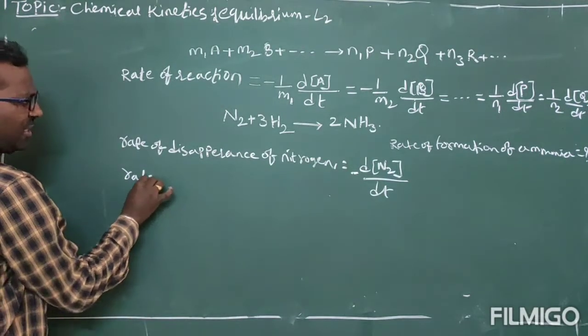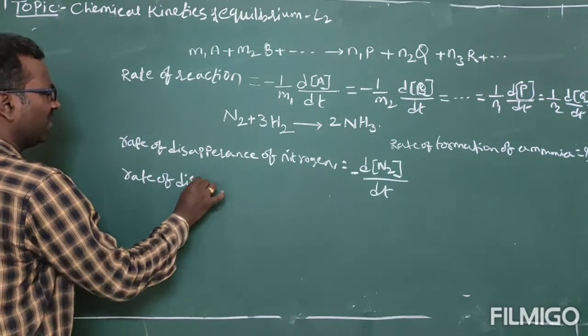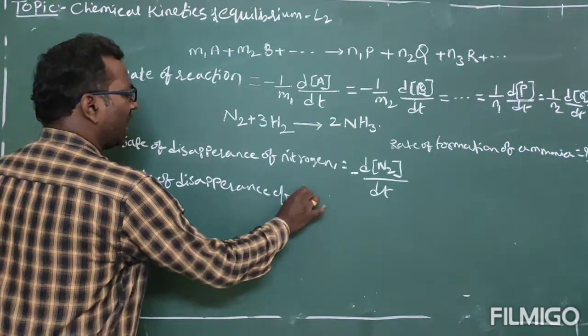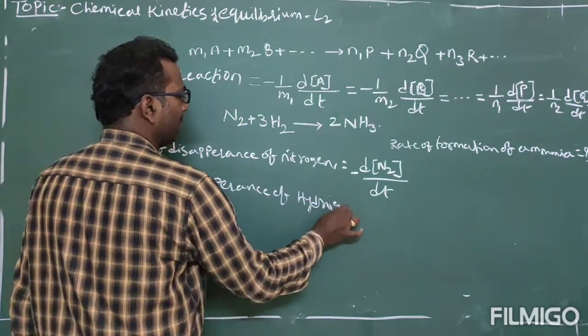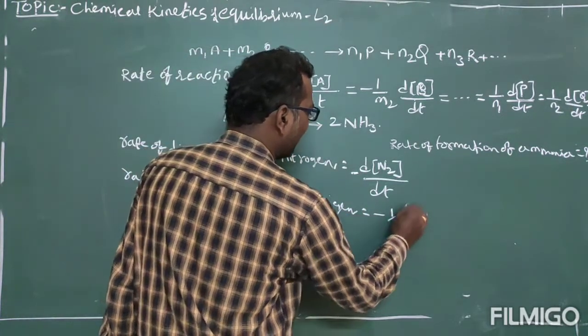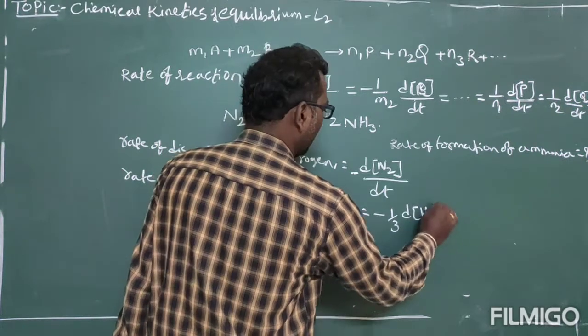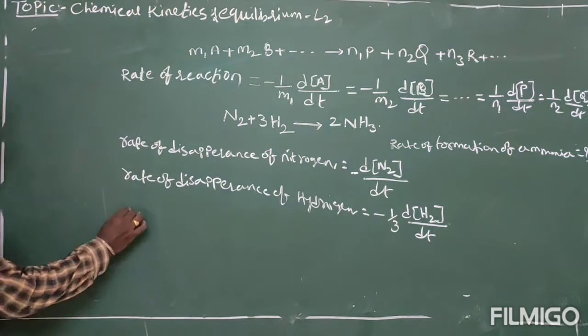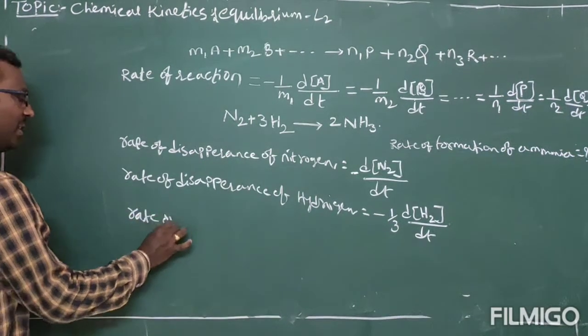Next, rate of disappearance of hydrogen is equal to minus 1 by 3 d of H2 by dt.